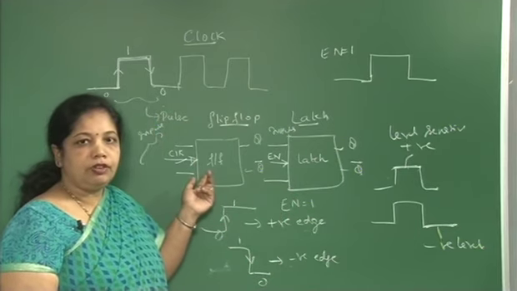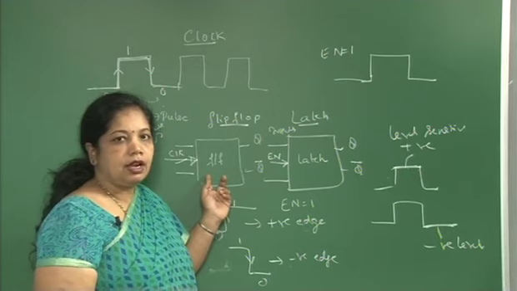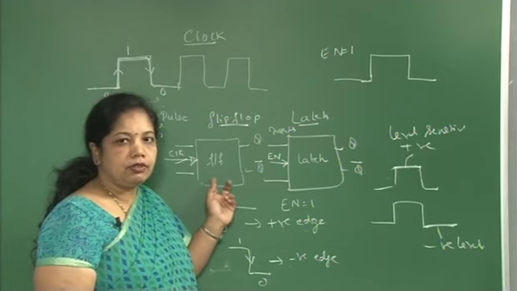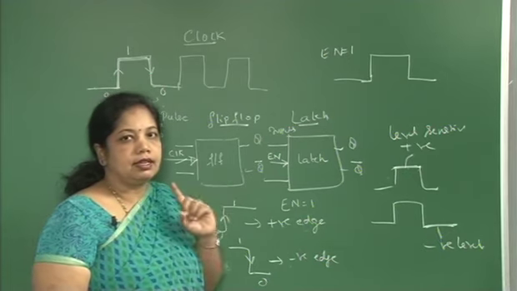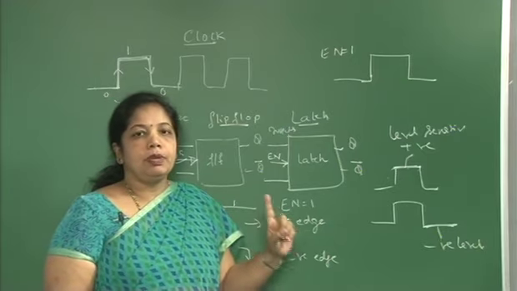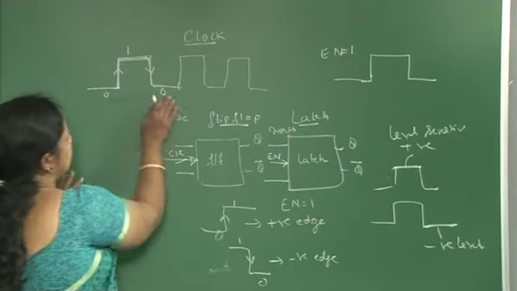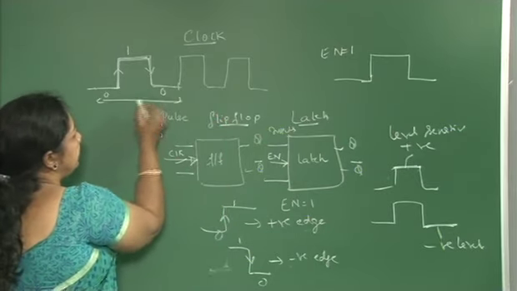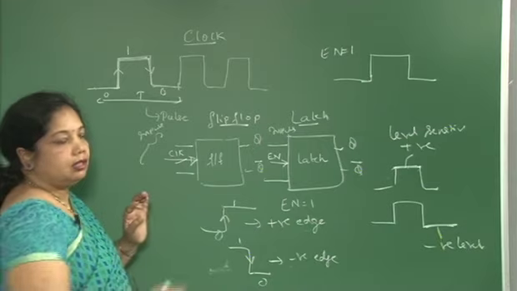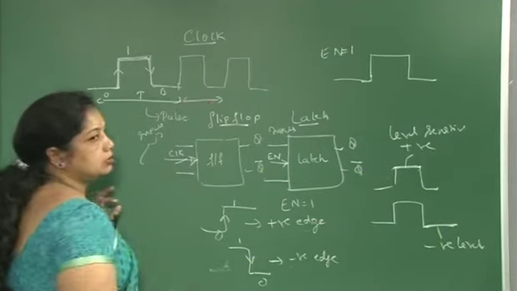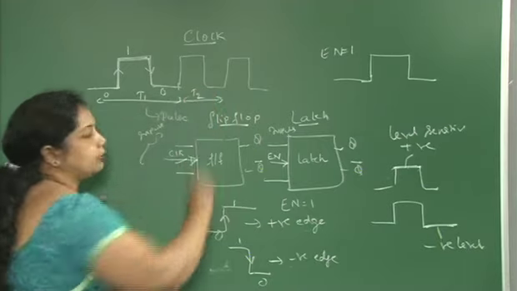Third difference, the flip flop is sensitive to signal change and not only the level. They can transfer data only at a single instant, and data cannot be changed until the next signal change. This is one clock period, say T, this is the second clock, T1, T2.